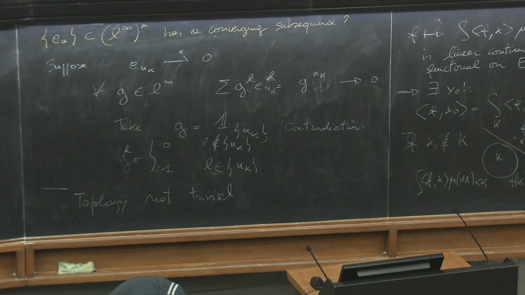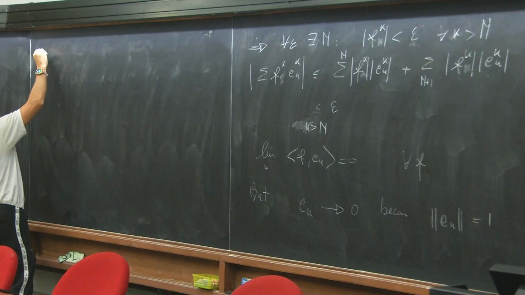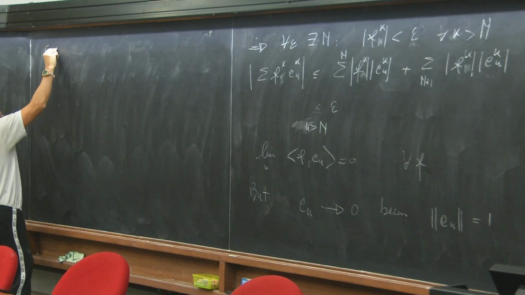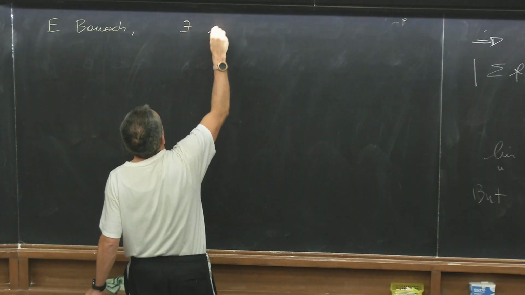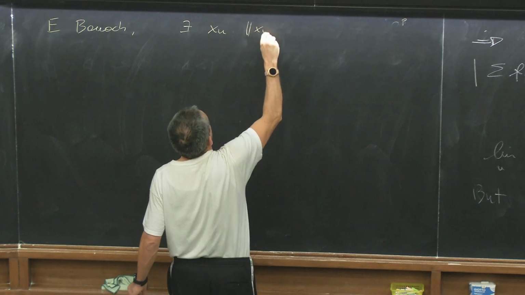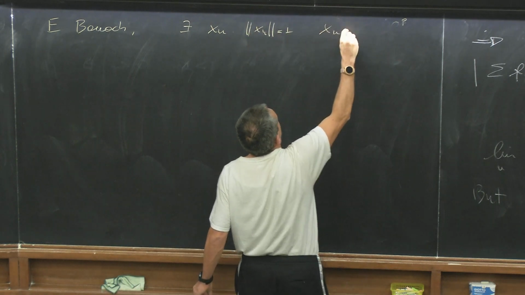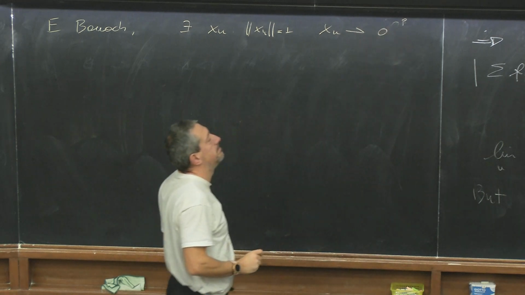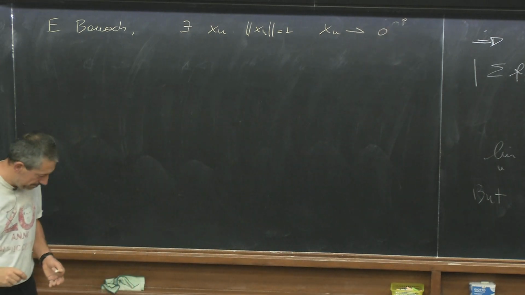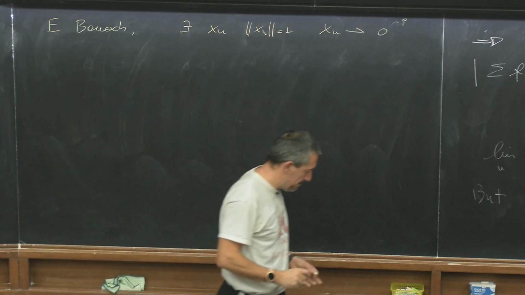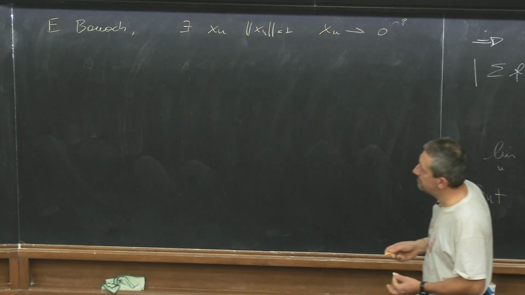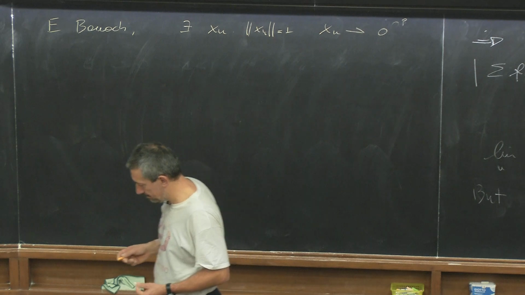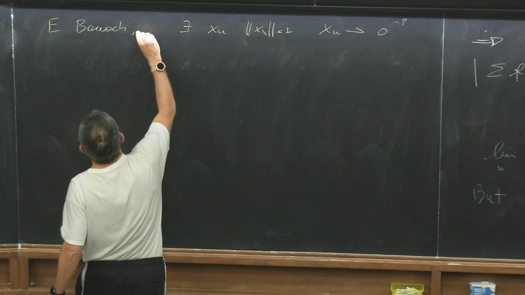If you have the book, you look at the book, but then you have to say why it's lacking. So, E Banach, and then something is missing. There exists x_n with norm x_n equal to 1, and x_n weakly converging to 0. So what is missing here? Reflexivity. Yes.